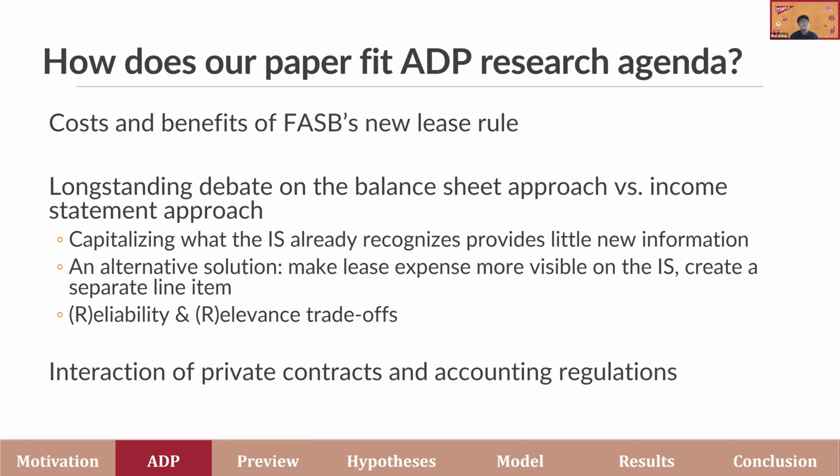Yeah. Okay. Thank you all for the comments. They're very helpful. We definitely need to go back and think about how we want to tone down what we want to state. I think the last thing in which we fit with ADPs, what ADP tries to do, is we get to the interaction of private contracts and accounting regulations, right?